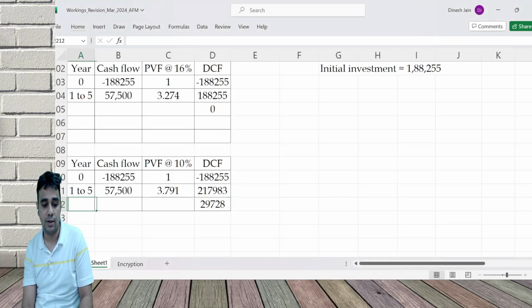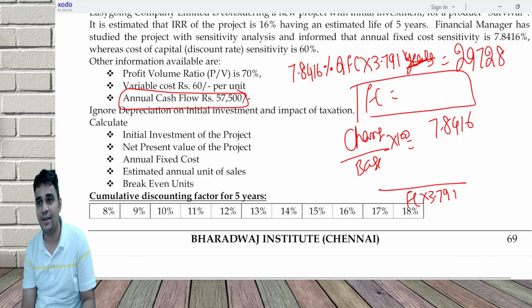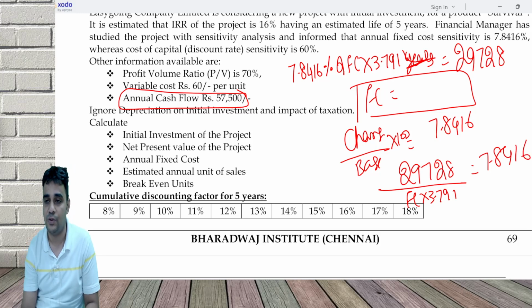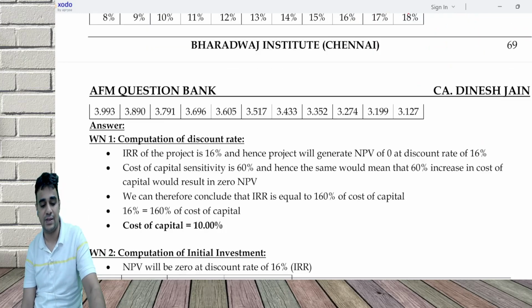What have we done? See here, did I not add 5 years data, 3 years data there? You can check the answer. Any doubts on this? Change by base or any approach you do, you'll get the same answer.